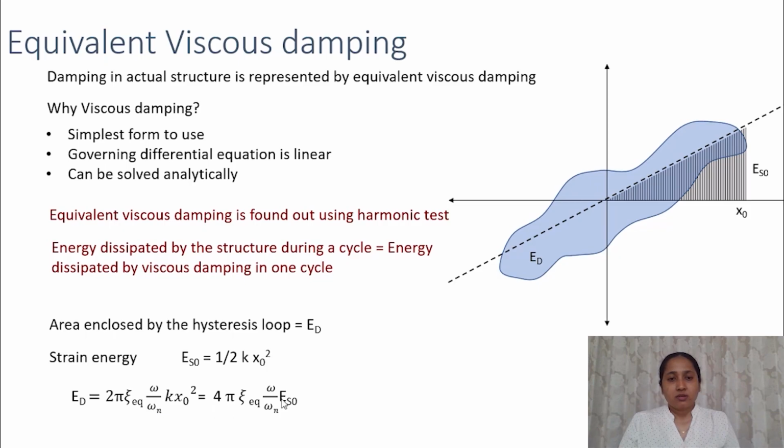If this expression is written in terms of strain energy, it would be equal to 4 pi zeta equivalent omega by omega n times the strain energy. From this we can calculate zeta equivalent, that is the damping ratio equivalent, as 1 by 4 pi, omega by omega n, multiplied by ED, that is the area of this enclosed curve, divided by the strain energy.